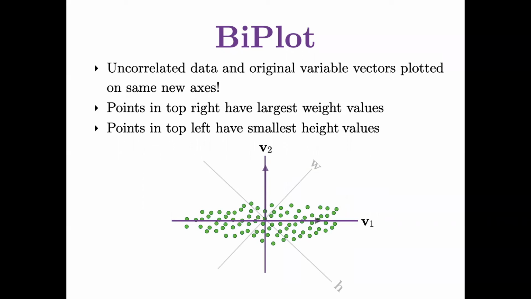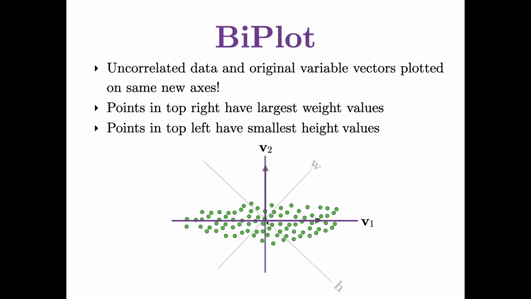So hear me out. I have my uncorrelated data plotted on our new axes, V1 and V2. I also have my original variable axes plotted on that same picture. And my claim to you is that as I move in this direction, and you can think about holding a piece of paper perpendicular to this weight axis, as points become further and further along this direction, their weight increases.